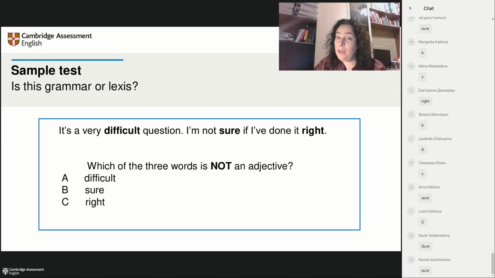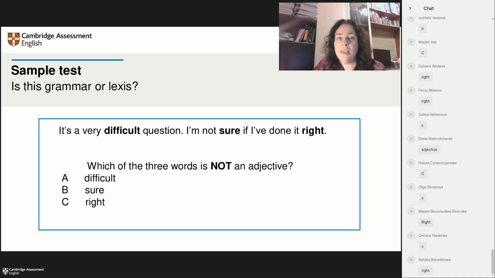Okay. Well, we have different answers. Oh, interesting. Okay. So if you say, I am sure, we use the verb to be plus what? I think it is an adjective, isn't it? Yeah. In a predicate, it's part of the predicate. It is a difficult question. So here, difficult defines the noun.